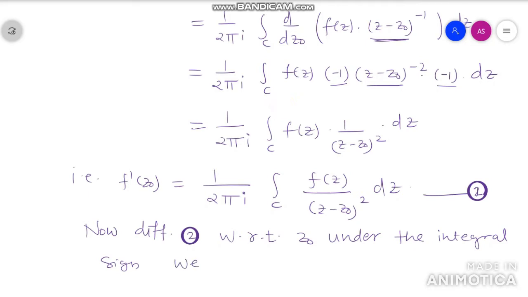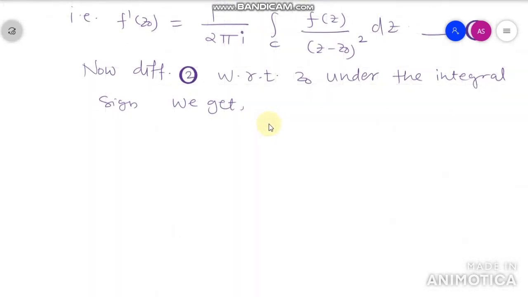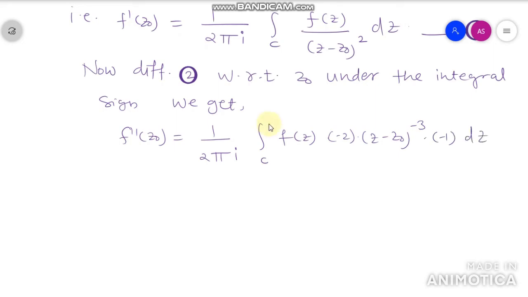We get the double derivative of f equal to 1 upon 2 pi i integral over C. f of z is constant, and the derivative of 1 upon z minus z0 bracket squared is minus 2 into z minus z0 bracket raised to minus 3 into minus 1 dz.